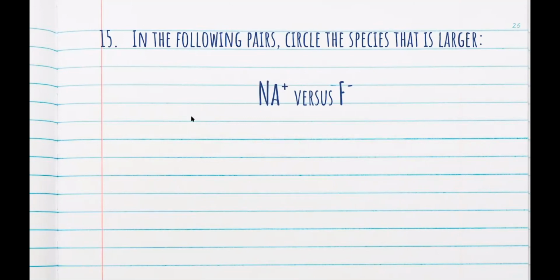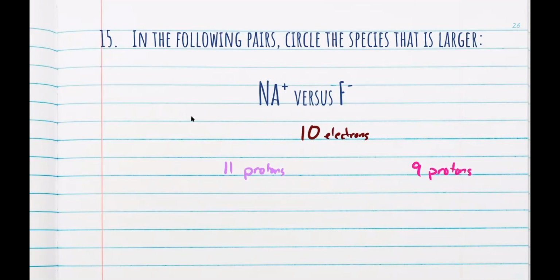All right, for our next one, we have the sodium cation and a fluorine anion. This one is a pretty interesting one because they're both going to have 10 electrons, so we can see which one's going to be bigger by the number of protons. Sodium is going to have 11 protons, and fluorine is going to have 9 protons.